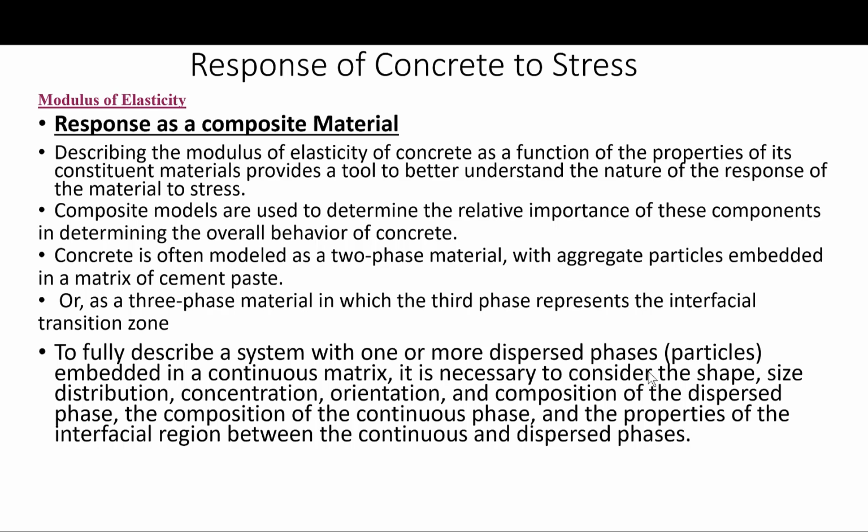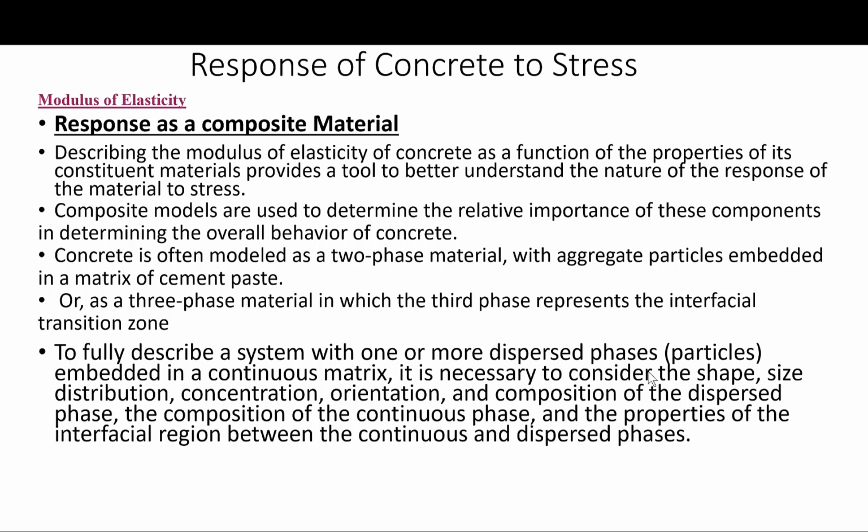To fully describe a system with one or more dispersed phases or particles embedded in a continuous matrix, it is necessary to consider the shape, size, distribution, concentration, orientation, the spatial distribution, the composition of the dispersed phase, the composition of the continuous phase, and the properties of the interfacial region between the continuous and dispersed phases.